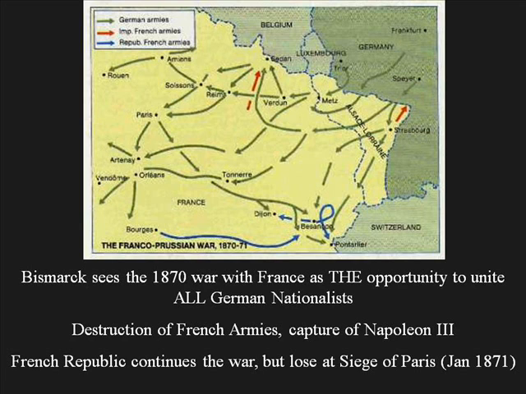And just like with Austria, the Prussians invade France. They run circles around the French armies, which seem fairly disorganized. They kicked the French armies around pretty badly for about 6 or 7 weeks or so. They even capture Napoleon III, the French monarch, the French emperor.